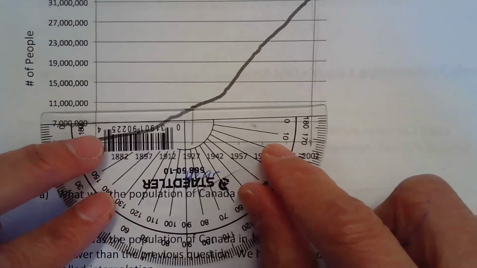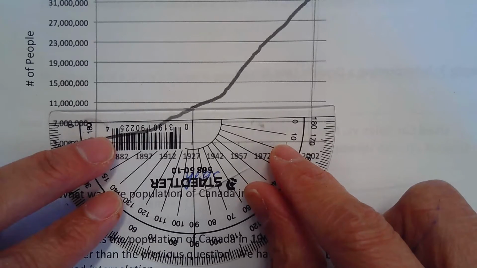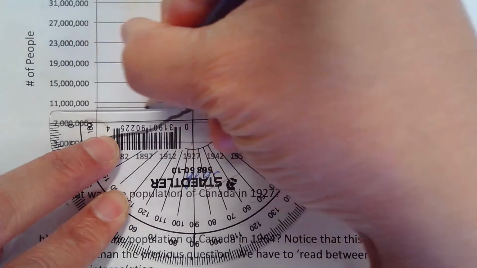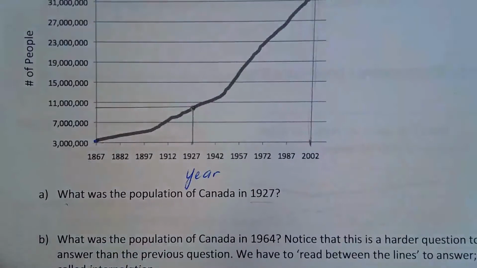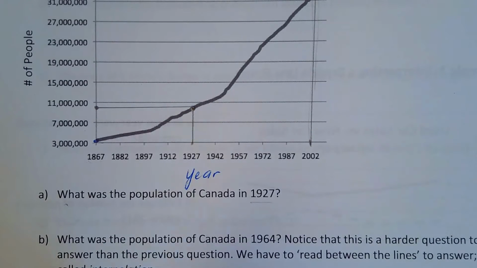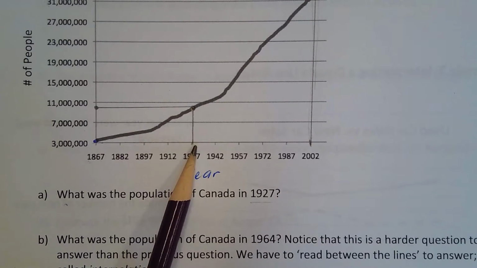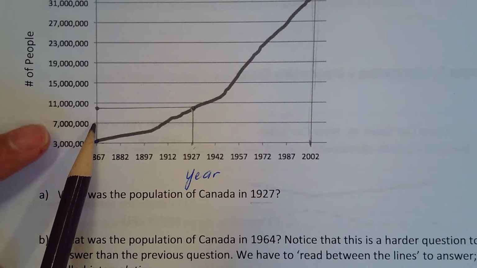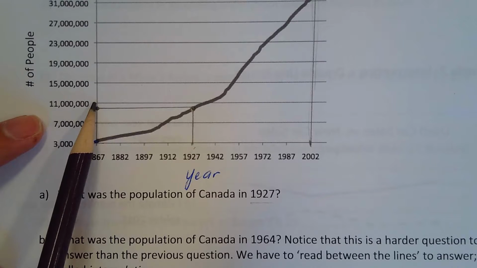And then we're going to need to draw a horizontal line. Okay, so we know in 1927, the population is between 7 million and 11 million.